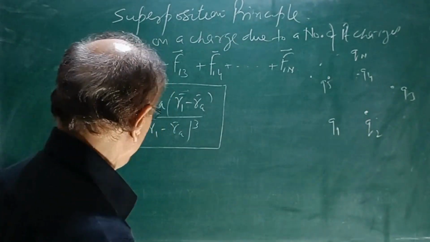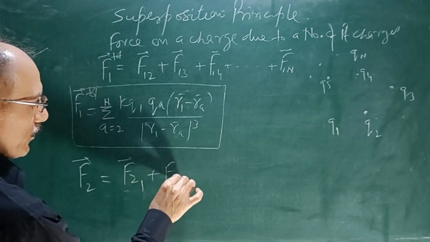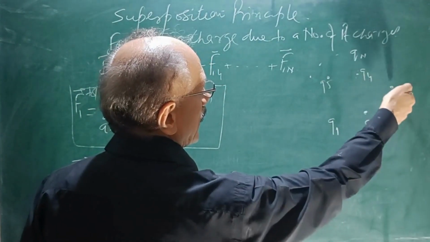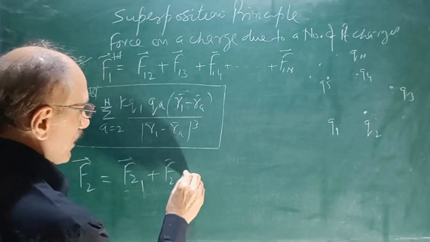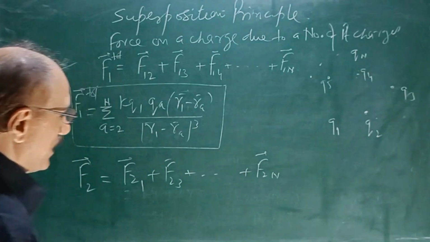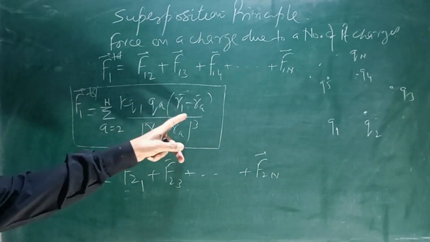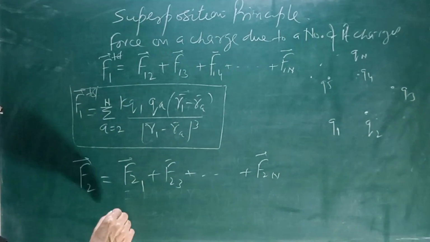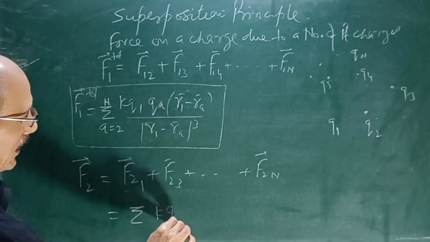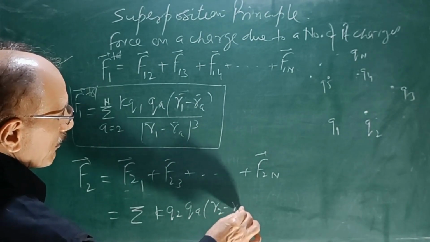Force on 2 due to 1, then force on 2 due to 3, then this, then this, that means up to force on 2 due to N. Writing it in the same manner, we can derive this expression, which is the summation of K Q2 Q_A, R2 minus R_A upon modulus of R2 minus R_A cubed.